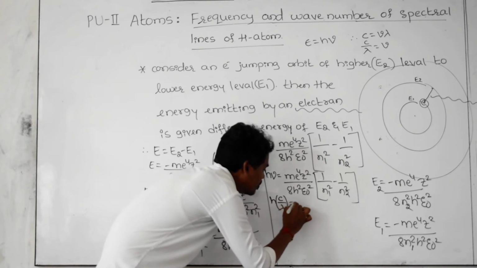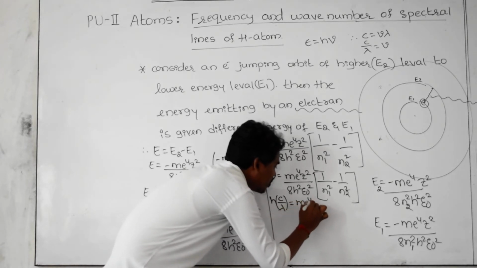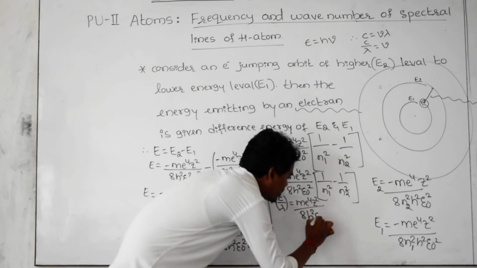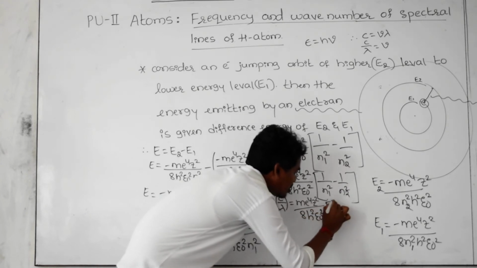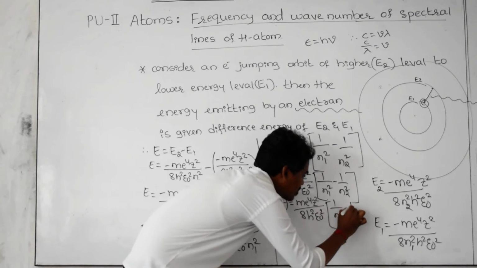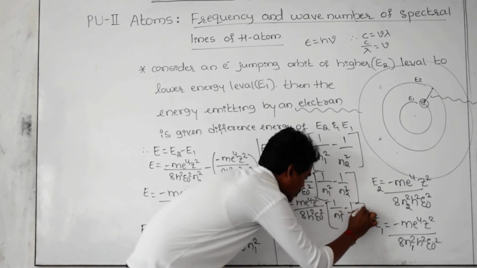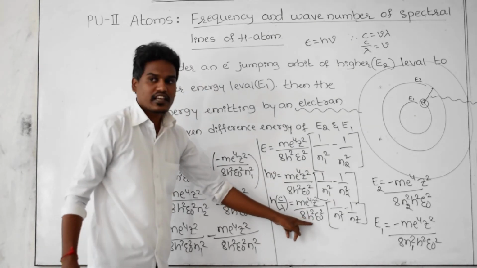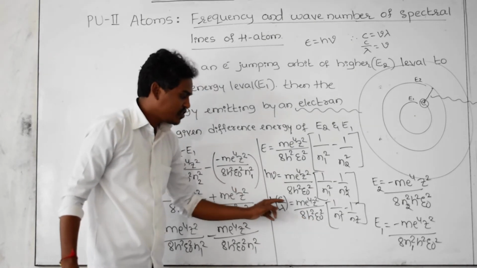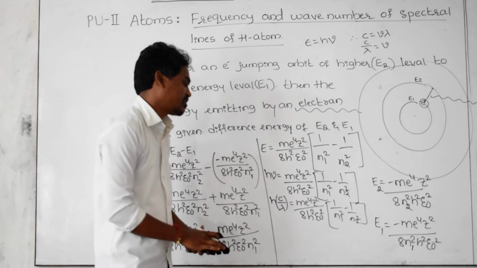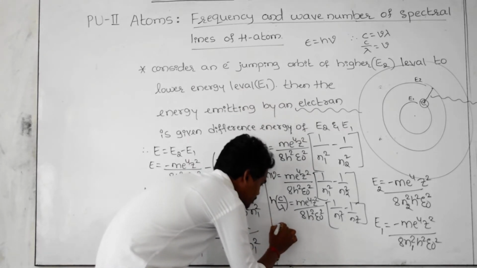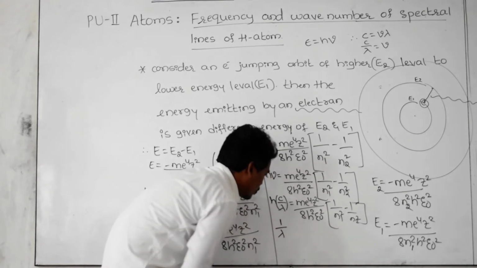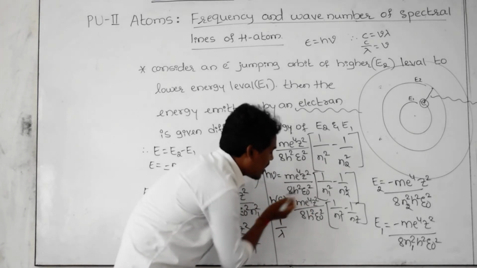This is equal to m e raised to 4 z square divided by 8 h square epsilon naught square, this is 1 by n1 square, this is 1 by n2 square. Next, this h can be taken to this side. Already h square is there, so this h and this square become h cube. And this is c by lambda. I am taking 1 by lambda is equal to, I am taking h into c at this side.